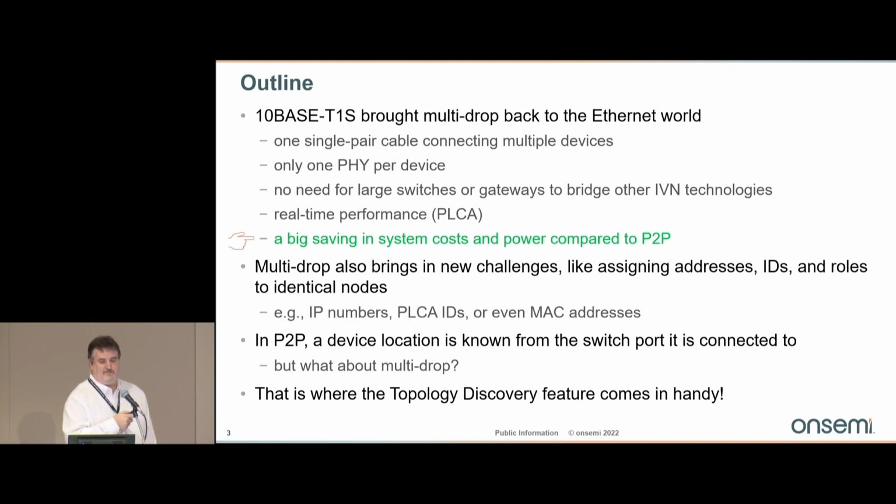In a point-to-point scenario, you can usually do this easily by knowing to which port your device is connected. But what about multi-drop, since we are eliminating the need for gateways? This is exactly where topology discovery can be useful.